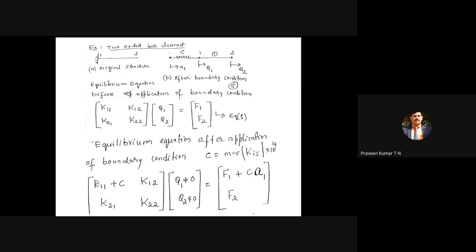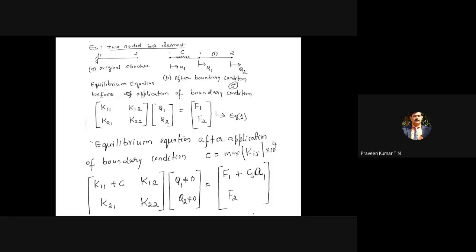In a similar way, because of the addition of this stiffness, there may be some reaction forces, or an additional force component added at node 1. Already we have the original force vector F1. For that you have to add the force component C into A1.